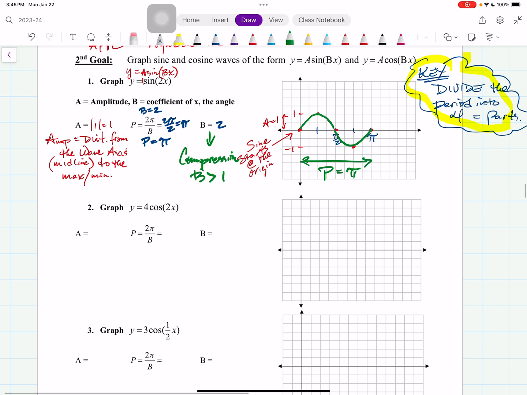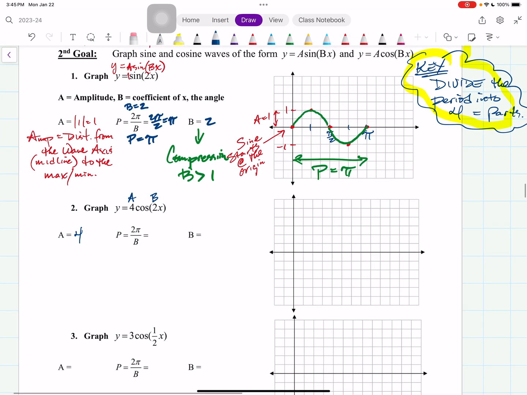All right, so next one, number 2. We have 4 cosine of 2x right here. So a is 4 and b is 2, so we have a change in amplitude and also a change in the period here. The amplitude is 4, which means I've got to go up 4, down 4.